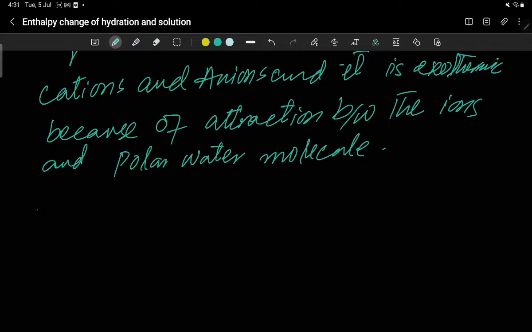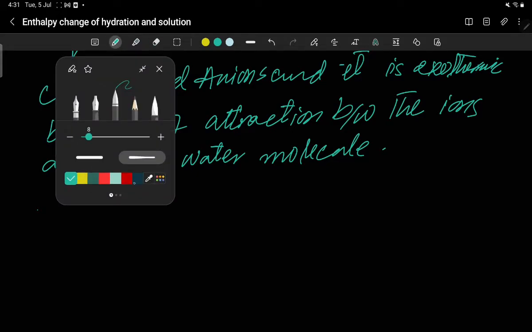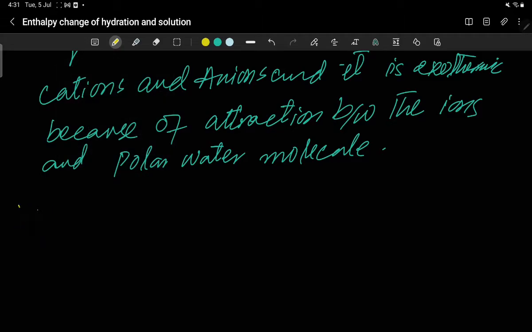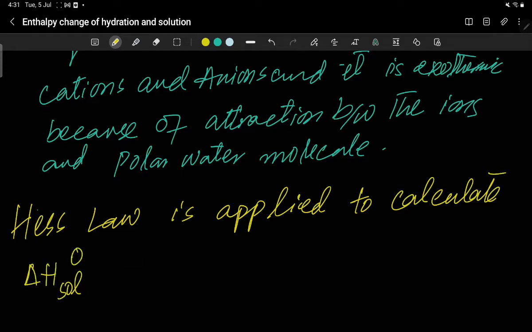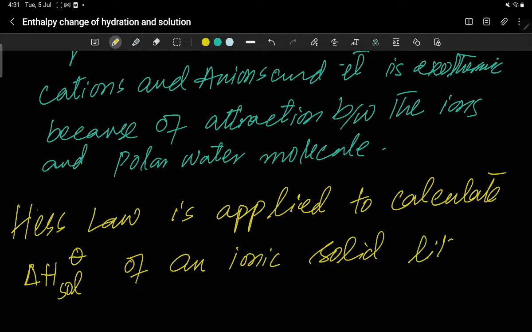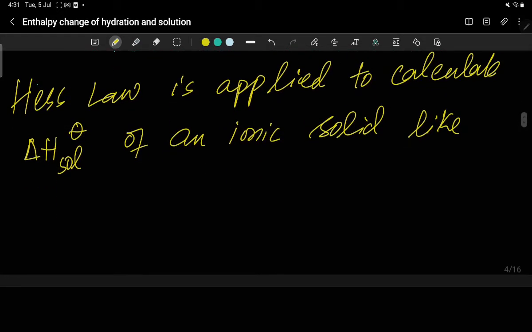Now Hess's law, we use another color. Hess's law is applied to calculate delta H solution of an ionic solid, like this triangle cycle.